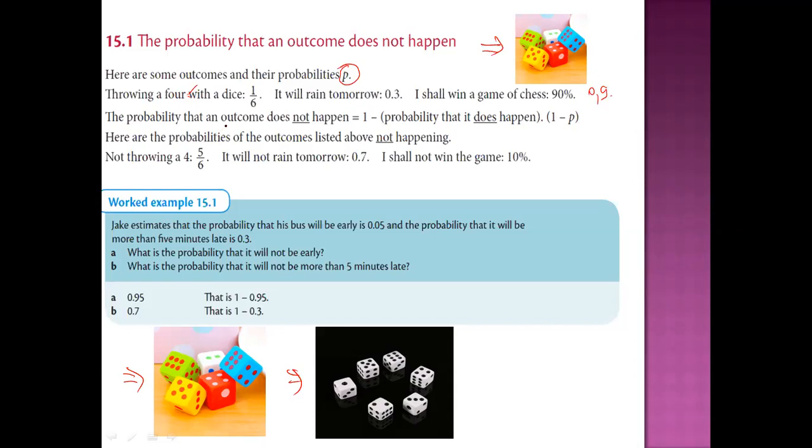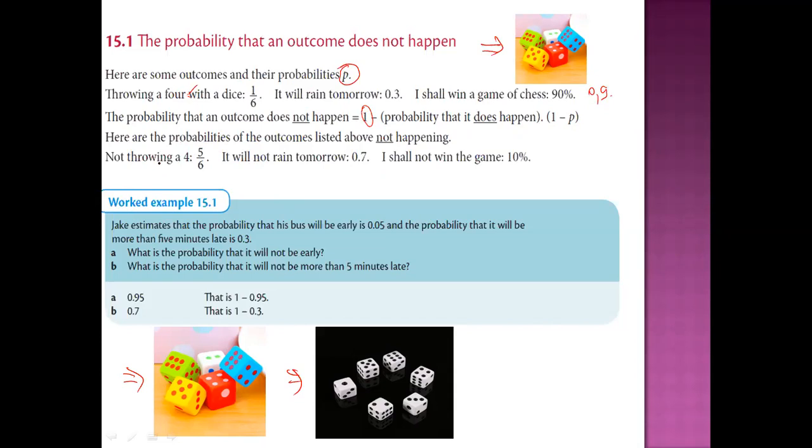The probability that an outcome doesn't happen is equal to 1 minus the probability that it does happen. That is a formula. So shortly we can write it as 1 minus probability. Here are the probabilities of the outcomes listed, not happening.